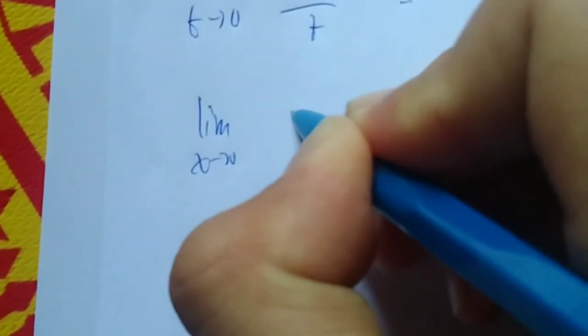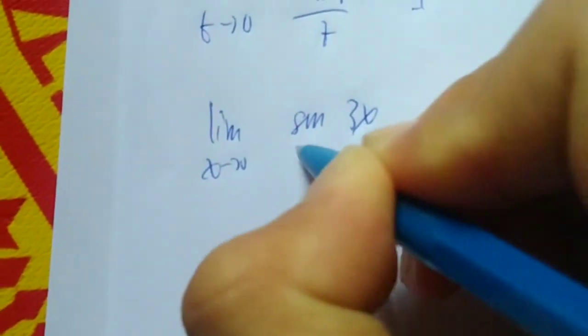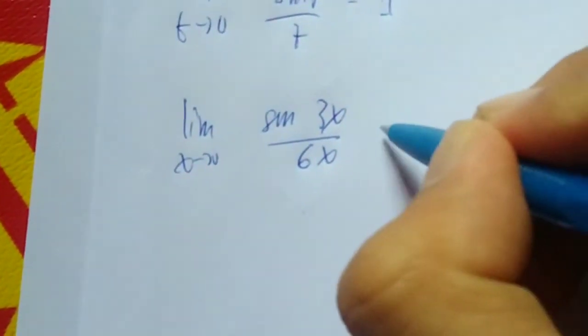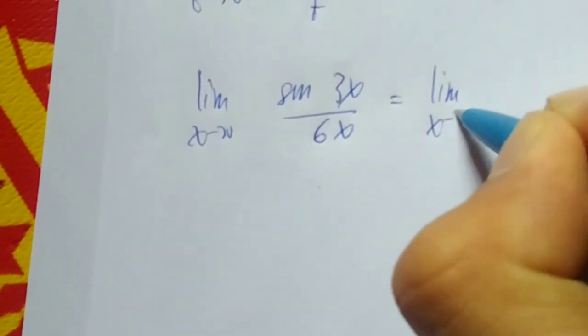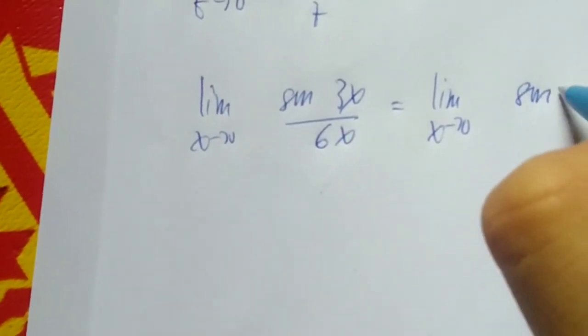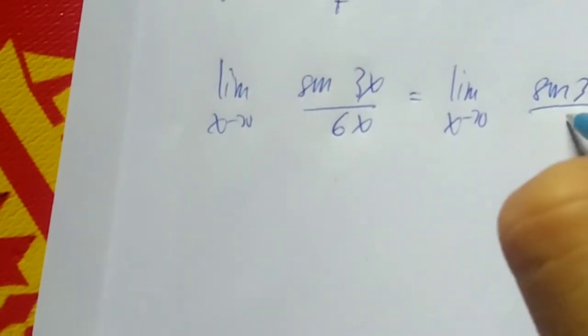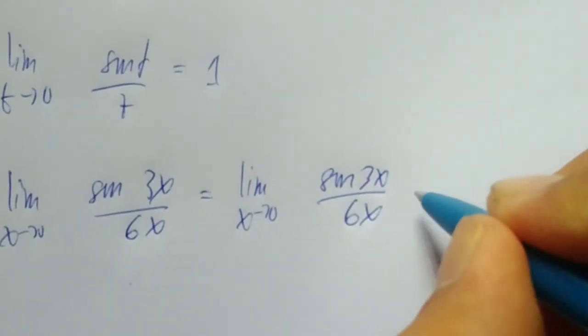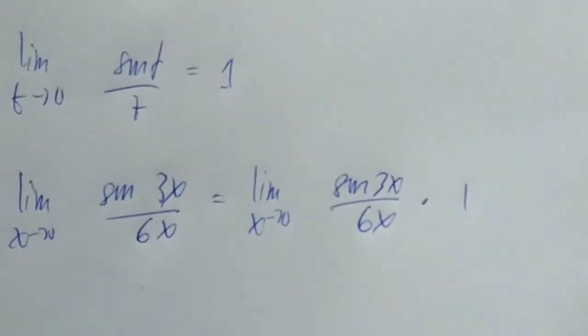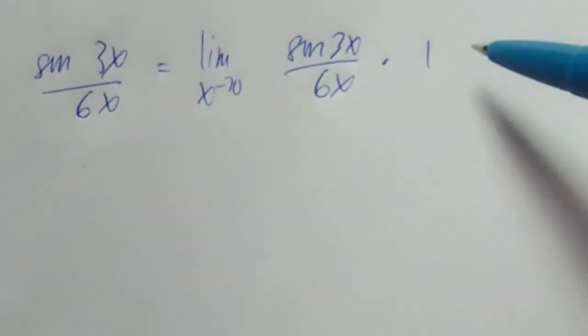We can write limit x to 0 of sin 3x per 6x as equal to limit x to 0 of sin 3x per 6x times 1. Why do we use 1?